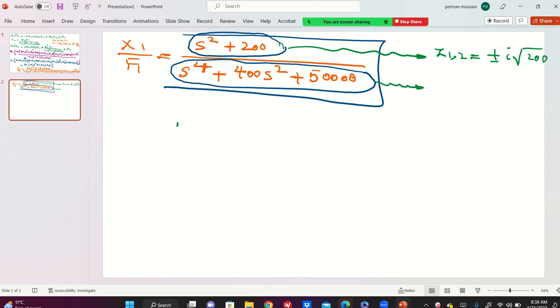Guys? How many poles? Yes? How many poles, guys? Hello? Disconnected? Yes. P4, P3, P4.